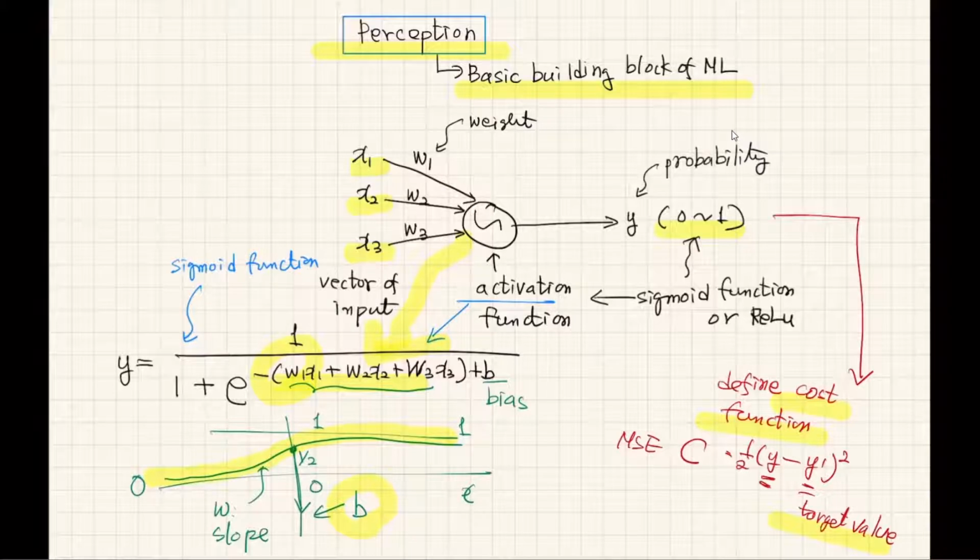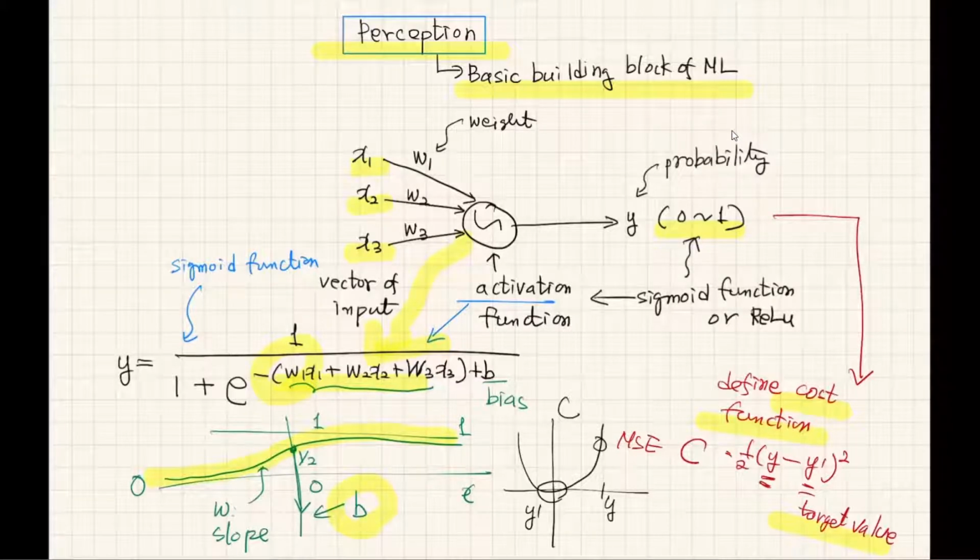The mathematical shape of this cost function is usually a parabolic function, as you can see from this figure. Initially, let's assume you have y here. Actually, the optimal point might be y dash. Then you change y until you reach the minimal point of the cost function.